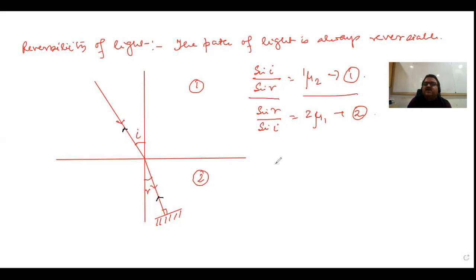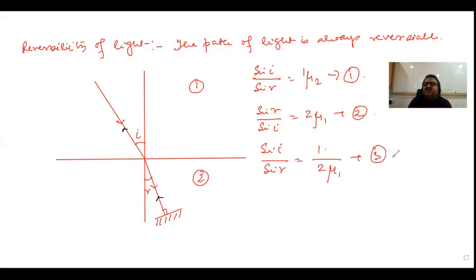Instead of multiplying, I can write this as sine I by sine R, which is equal to 1 by 2 mu 1.